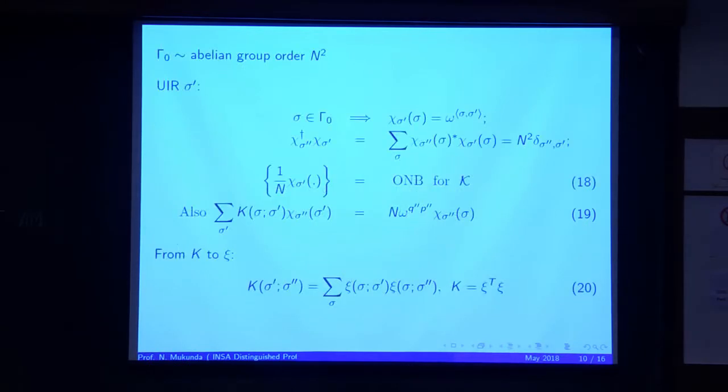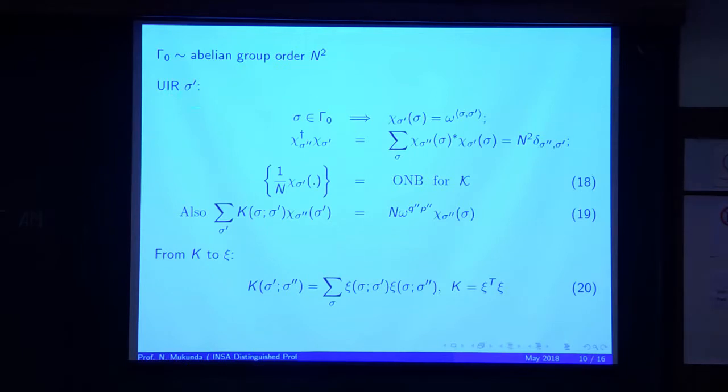To go further, it is useful to think of this phase space gamma 0 as an abelian group of order n squared. By abelian, I mean here pointwise addition of components. Q and q prime get added, p and p prime get added, always modulo n. So being an abelian group, it has n squared one-dimensional unitary irreducible representations.